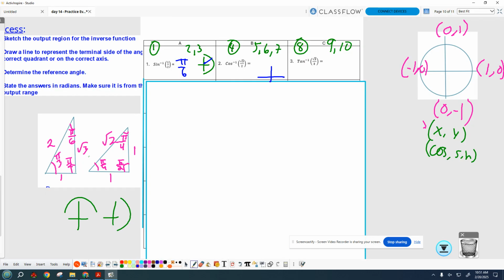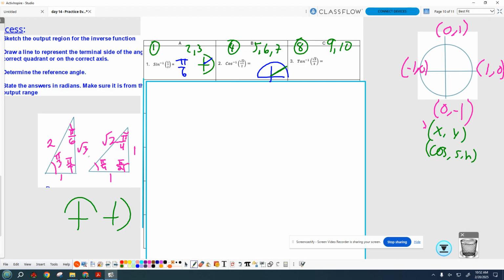Let's see, okay, there we go. Cosine comes from one of these guys, yes, and it's positive, so it comes out of quadrant 1.